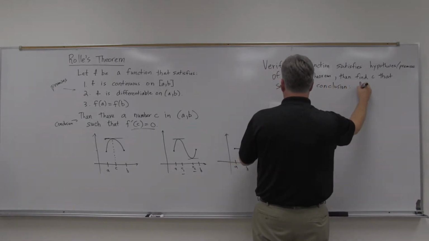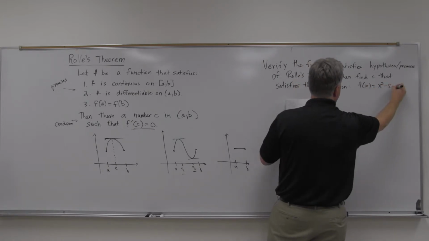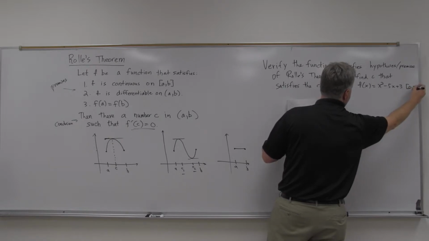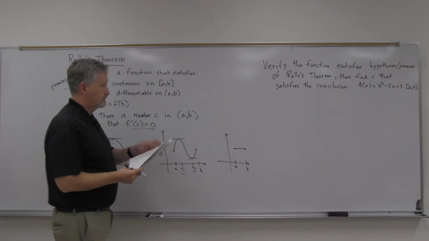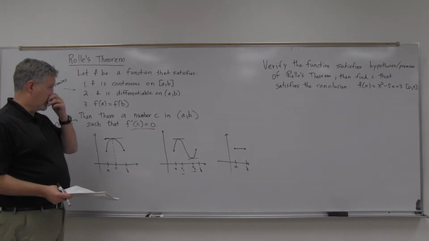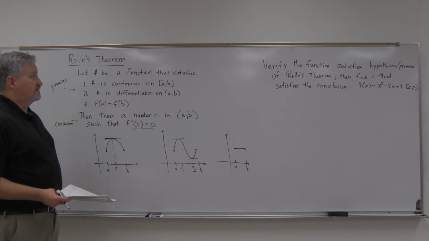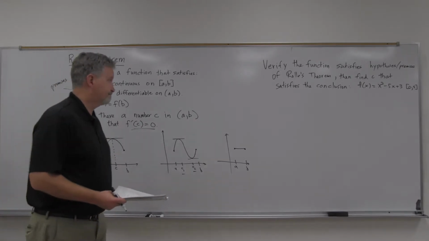And the function is f of x equals x squared minus 5x plus 3. We're going from a to b as 0 to 5. So verify that the function satisfies the hypotheses of Rolle's theorem, called premises earlier, same thing. Then find c that satisfies the conclusion.